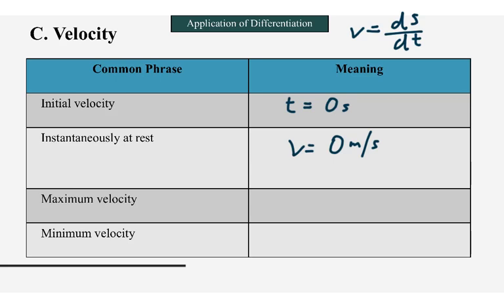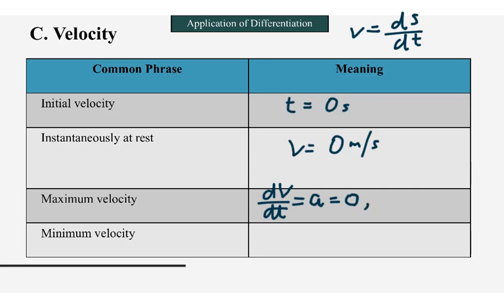Next, we will move on to maximum velocity. When we are talking about maximum velocity, it refers to the derivative of v over time. When it is maximum, we let the derivative be equivalent to 0, and we know that differentiating the equation of velocity over time also gives us acceleration, which means that acceleration must also be equivalent to 0.